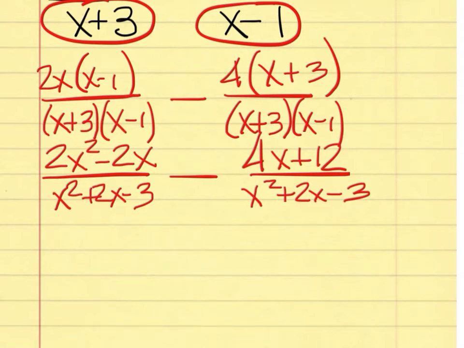So we have to go across the top and do 2x squared minus 2x minus 4x plus 12. What will the result be of 2x squared minus 2x minus 4x plus 12? And that's going to go to Jones.